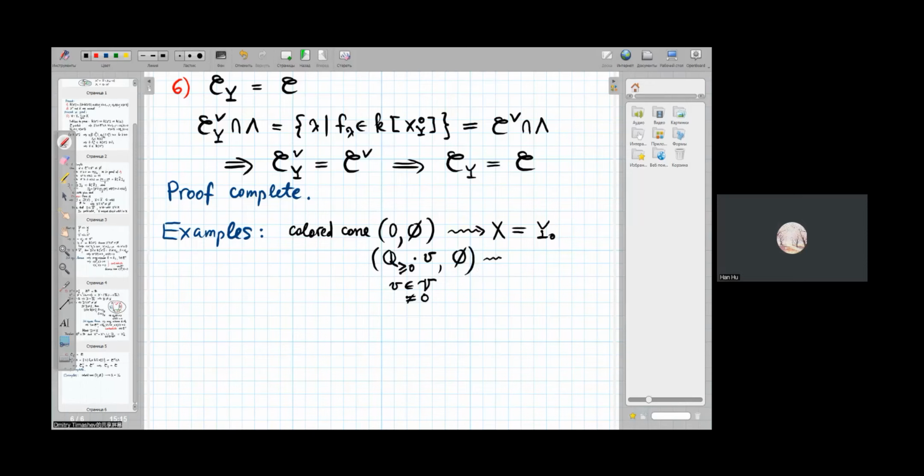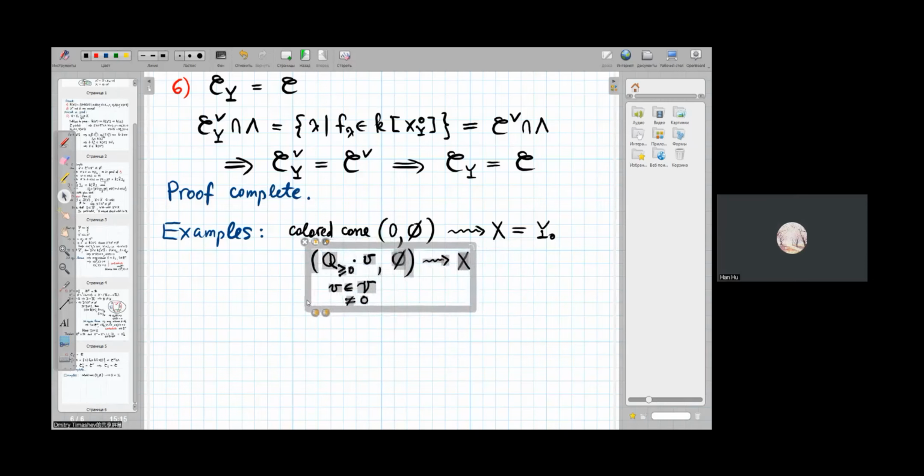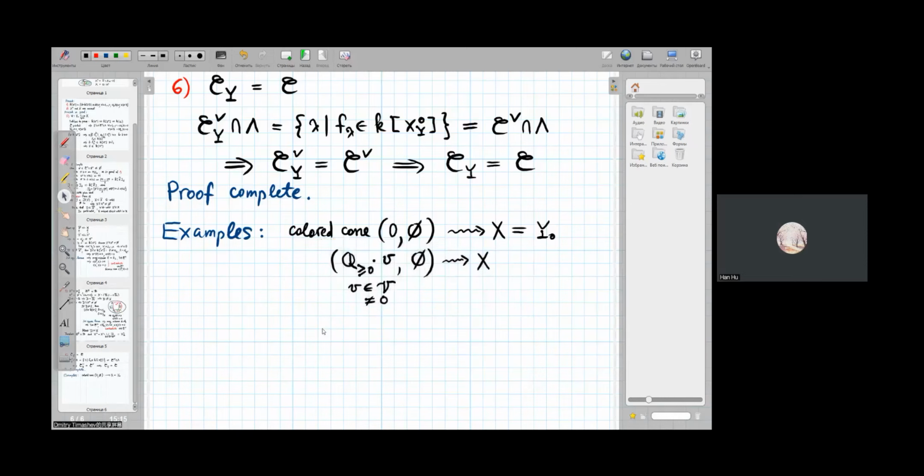So what is the variety X in this case? What is its structure? What do you think? How does X look in this case? If the colored cone is a single ray spanned by some G-invariant valuation, and there are no colors containing the closed orbit, what is your guess about X?